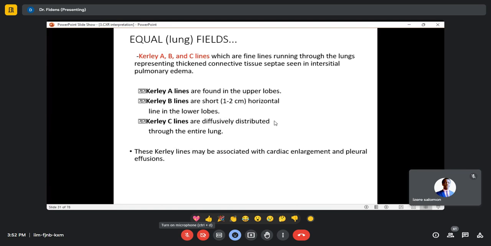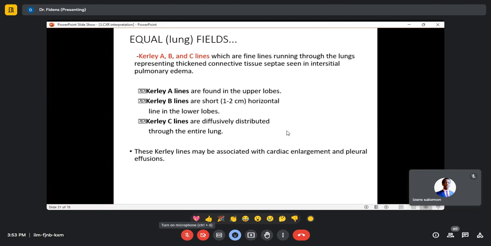Okay, that's how we differentiate those lines. And these Kerley lines may be associated with cardiac enlargement and pleural effusion, as a sign of pulmonary interstitial edema.